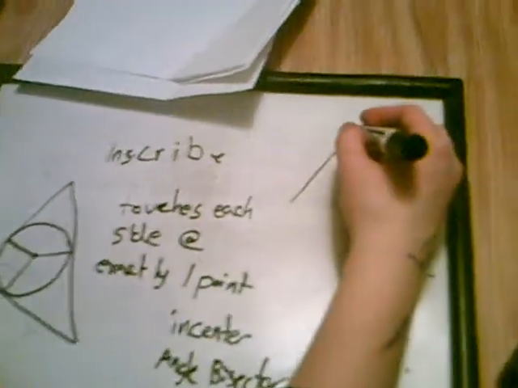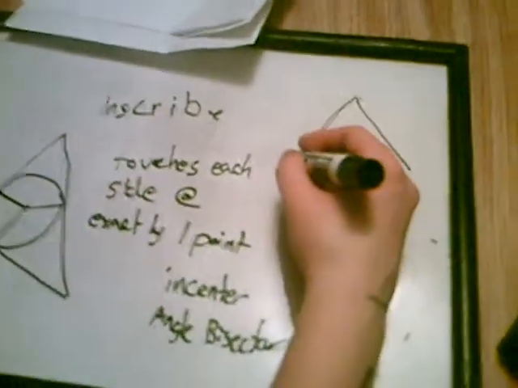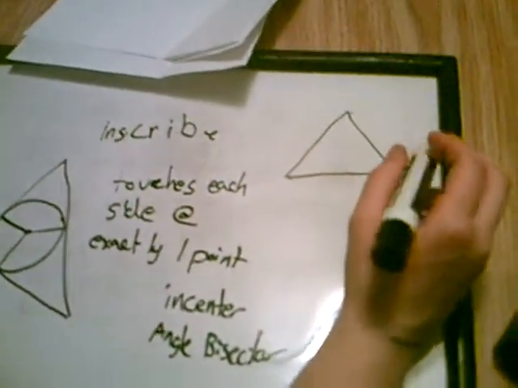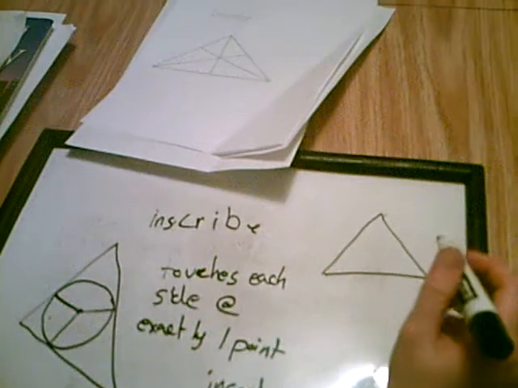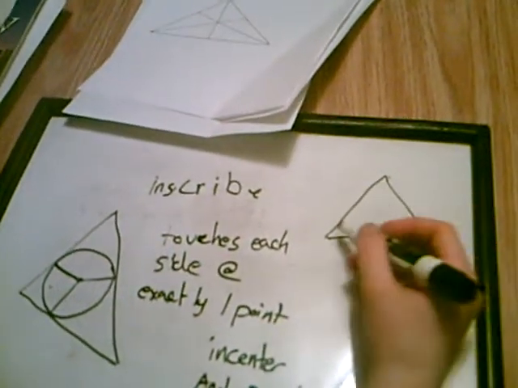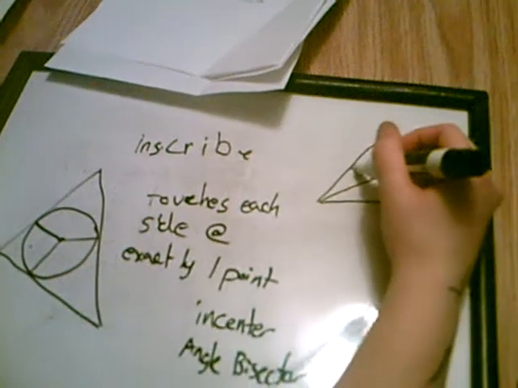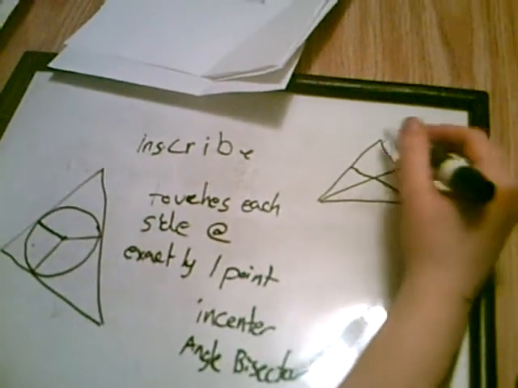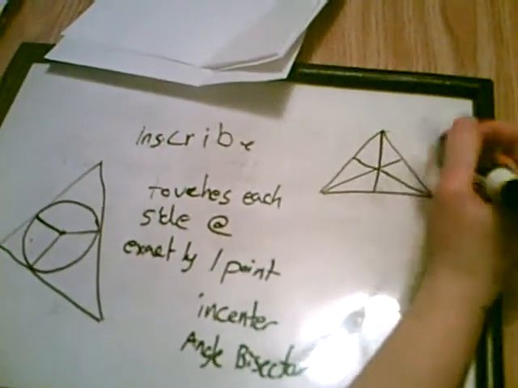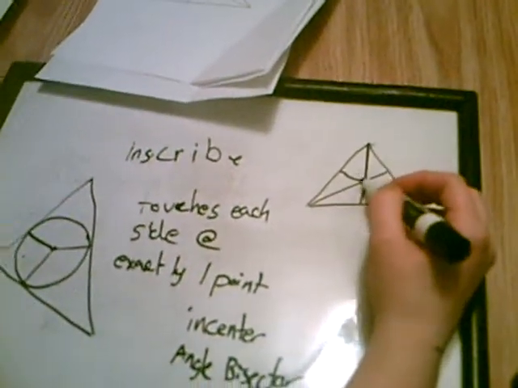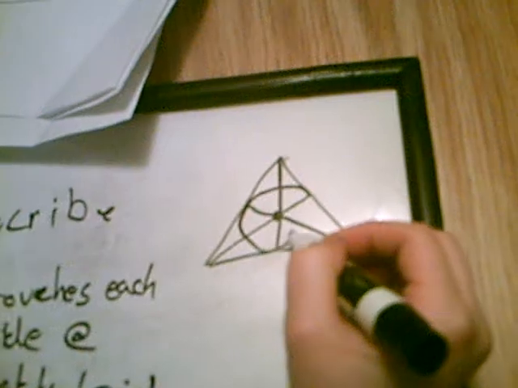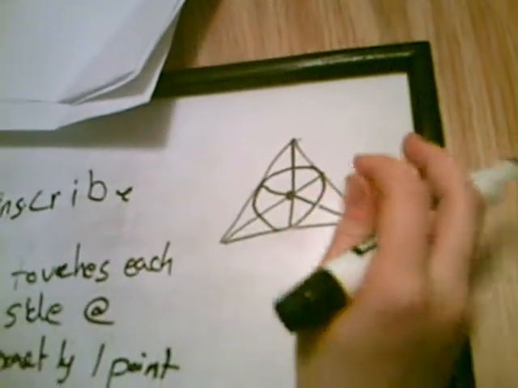So if I wanted to inscribe a circle in this triangle, I would find the angle bisectors, which is probably about there, and about there. This point would be the incenter, and draw a circle with that radius right there.